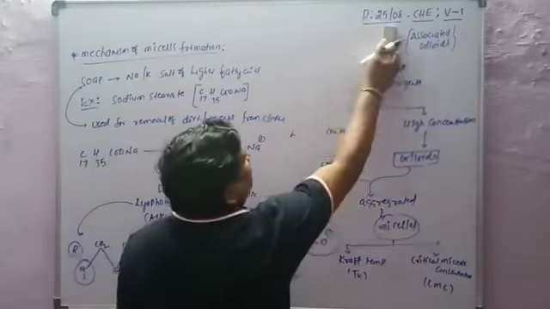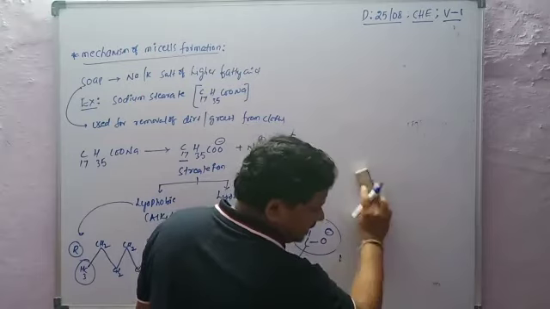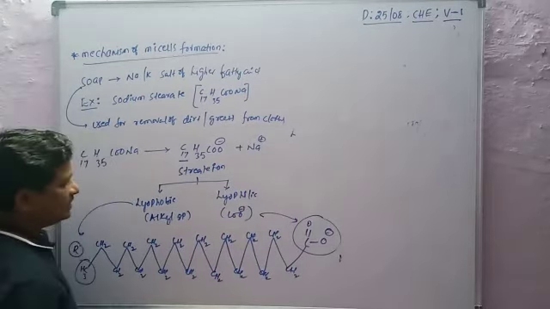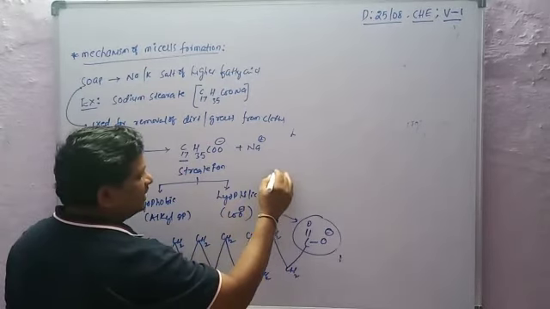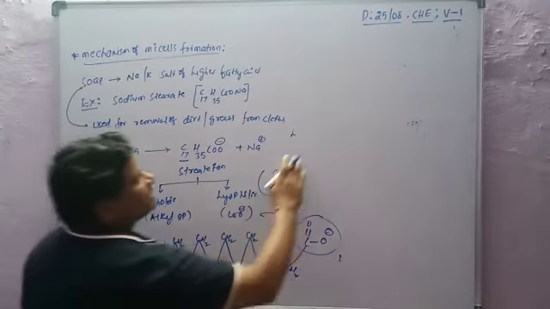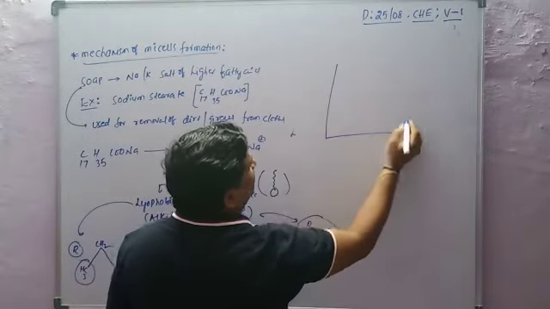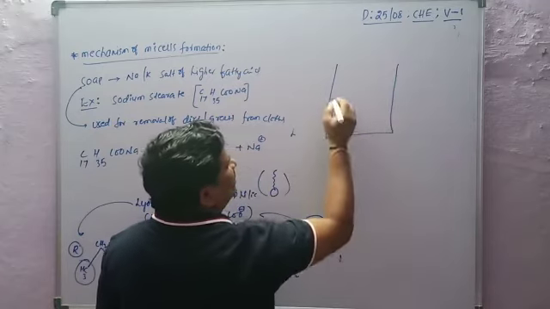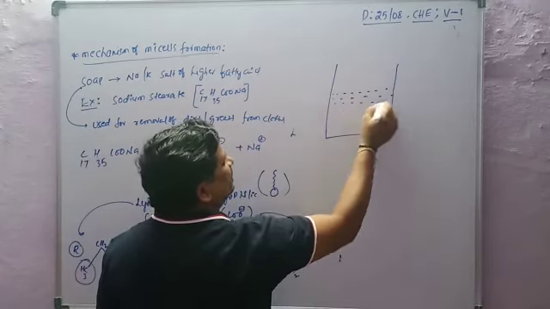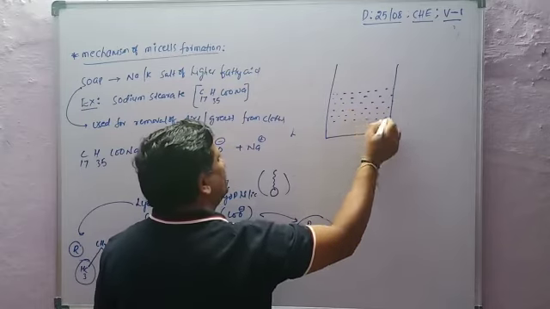Now for example, this soap is added to the water. This stearate ion is simply denoted like that. Let us consider a vessel. Water is taken in the vessel, then soap is added to the water.